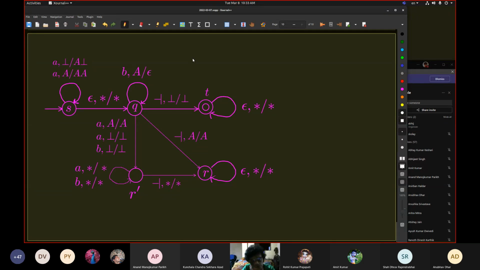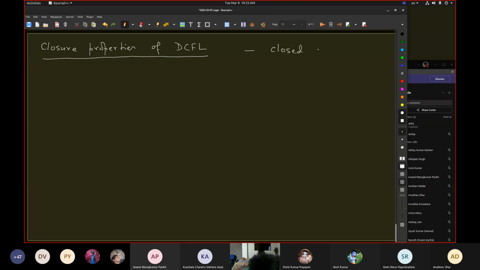Okay, so nice. I would like to mention some closure properties of deterministic context-free languages. Then I will stop. Then, of course, we have already seen, intuitively at least, closed under complement.